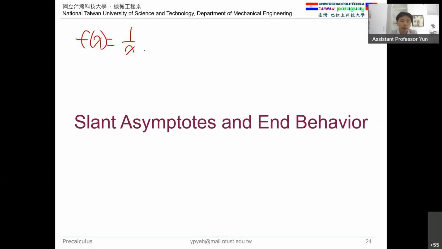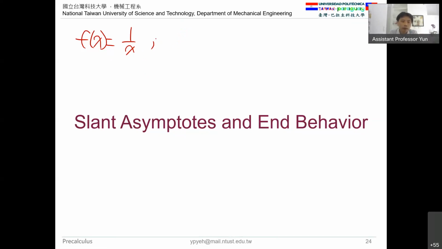And then we could do stretching and shrinking, reflection, and also other operations on the graph of 1 divided by x.